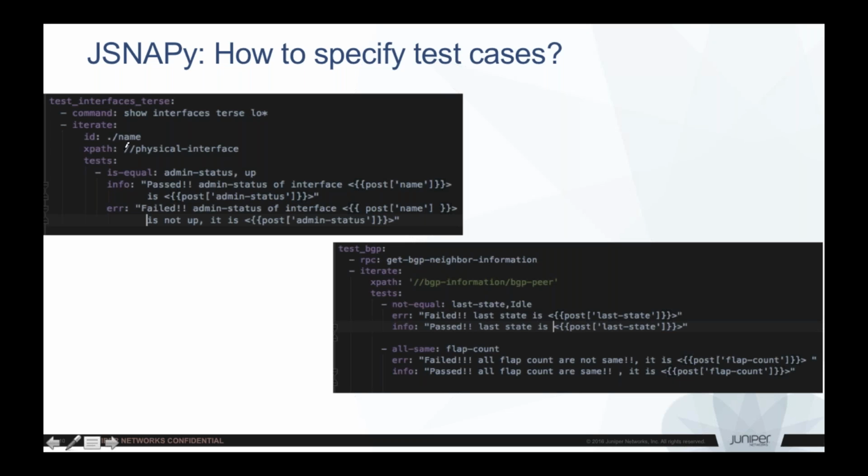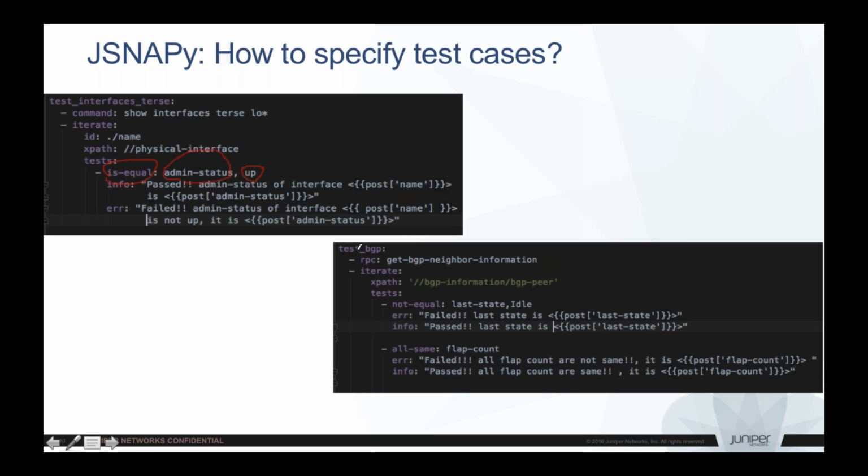I provide the XPath keyword for the content to be parsed and then use the is equal operator on the admin status and I expect it to be up. Simple test case, isn't it?